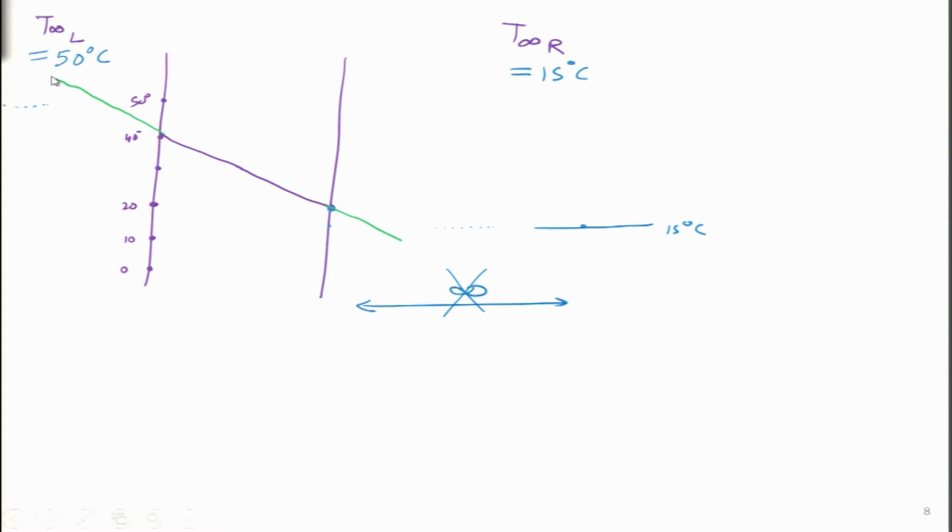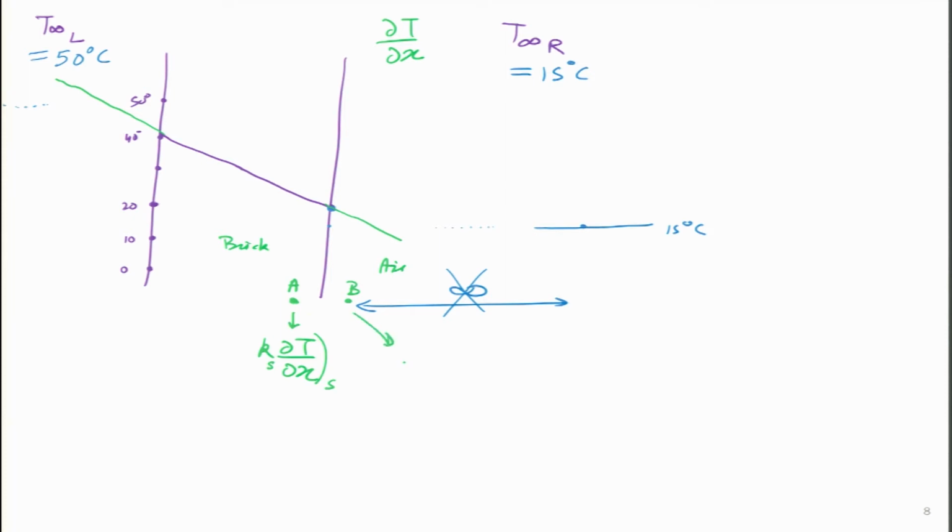What does this slope tell me? You remember, slope is simply dT by dx. At this particular point and this particular point, this is brick or solid, and over here we have air. At point A, the amount of heat going is proportional to k ∂T/∂x, and this k is of the solid and ∂T/∂x is also of the solid.